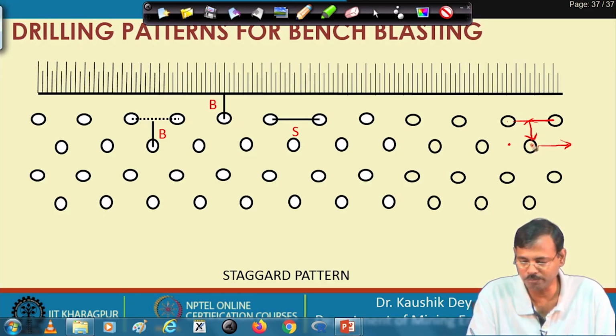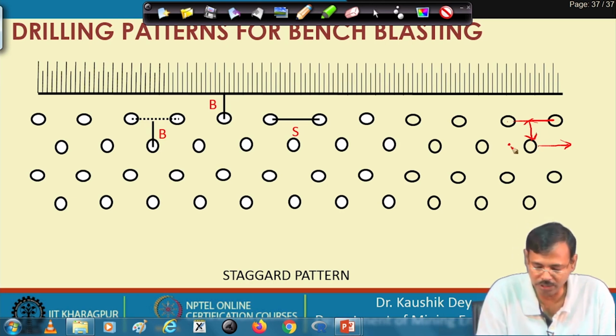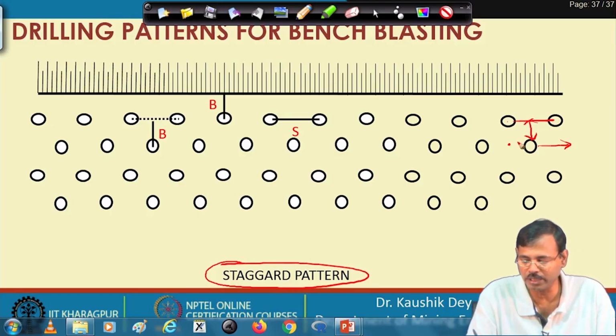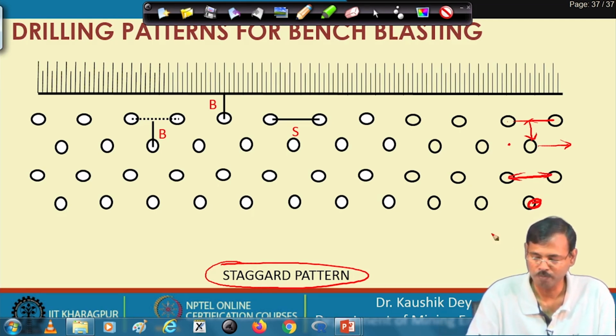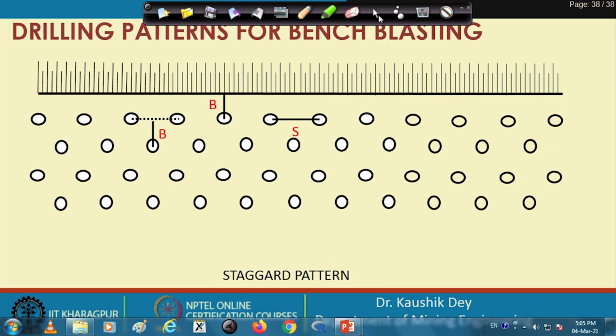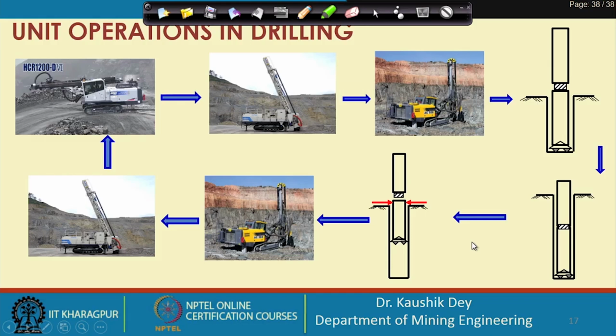This is called a staggered drilling system, in which the next row holes are placed between the 2 holes of the previous row. In the staggered system also, the concept of burden and spacing is the same. So, these are the 2 types of drilling system generally available for surface blasting.